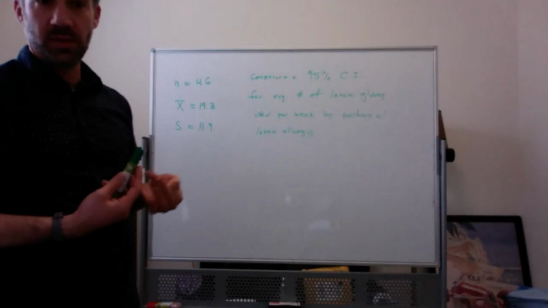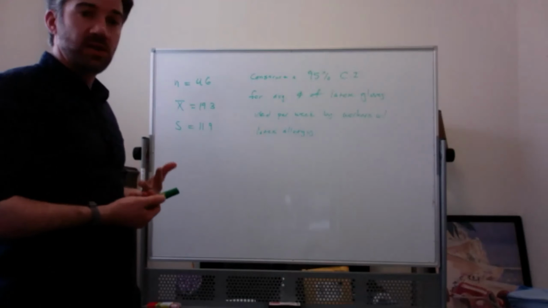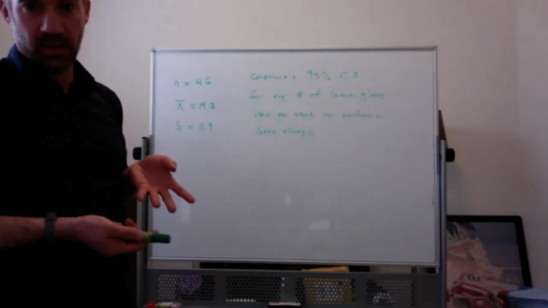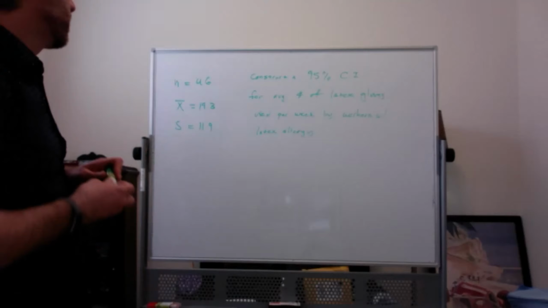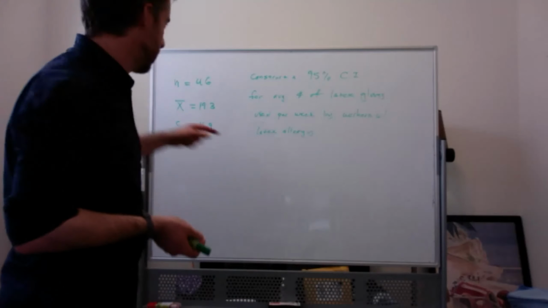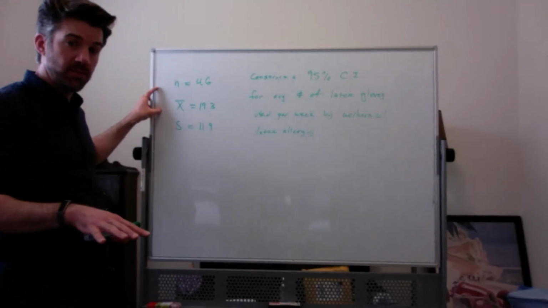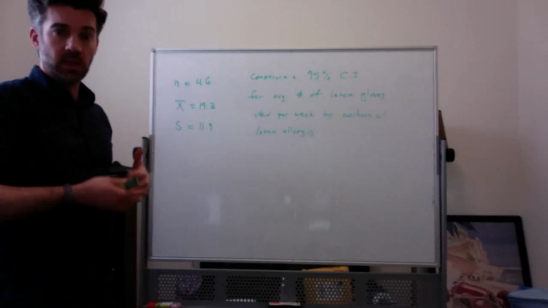We also don't know what the standard deviation is, but our n is large enough that it's still okay to use the regular z-score method. N is bigger than 30, so we're fine, even if we don't know how it's distributed or what the standard deviation is, because these are sample statistics, not population statistics. So since our n is large enough, it is okay to go ahead and use the usual z-score.